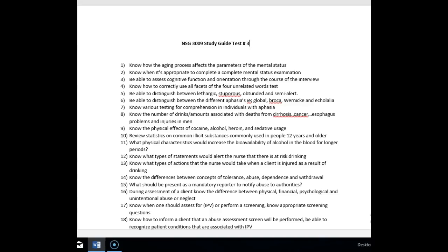Be able to assess cognitive function and orientation through the course of the interview. Generally, the nurse can discern the orientation of cognitive function through the course of the interview. And sometimes the nurse can ask directly or tactfully.